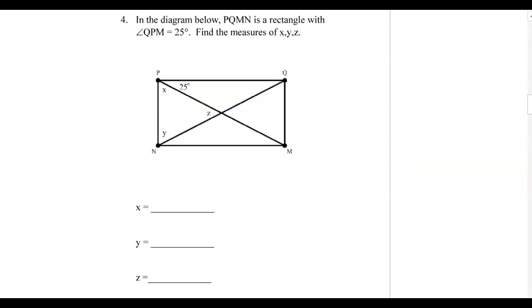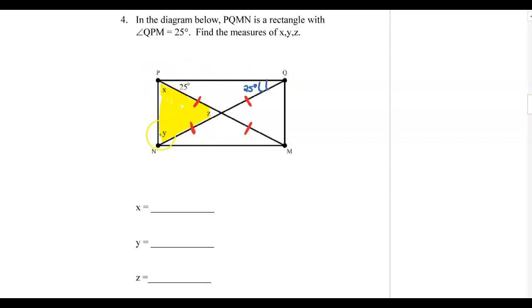So now let's take a look at example number 4. As I explained in the previous example, these triangles, which I'm going to re-highlight in yellow and pink, are isosceles. The reason is the diagonals are congruent, so all 4 of these pieces are the same. So if we have a 25-degree angle for angle QPZ, I'm going to erase that highlight, that means this angle over here, which I'm going to highlight in blue, is also 25 degrees.